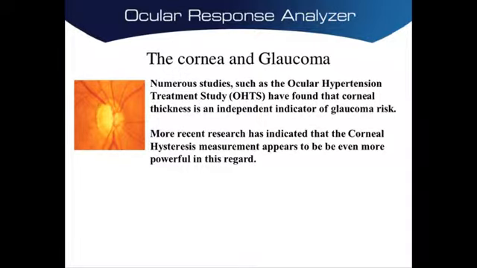So it did not say to use the corneal thickness to adjust the pressure. What it said is that the thickness of the cornea itself is giving us information about a patient's susceptibility to developing or progressing in glaucoma. Why is this? We believe because the thickness of the cornea itself is giving us a window. It's letting us look a little bit into the material characteristics of the cornea.